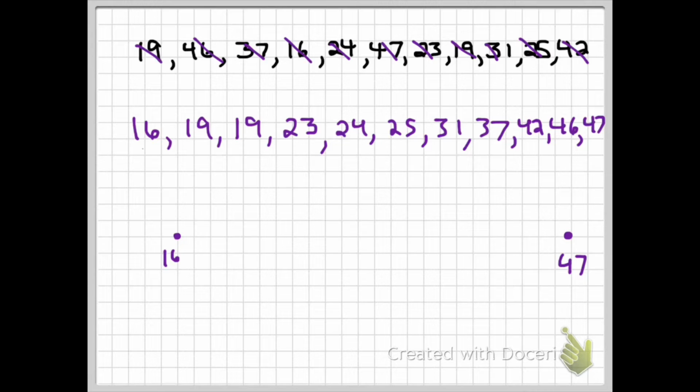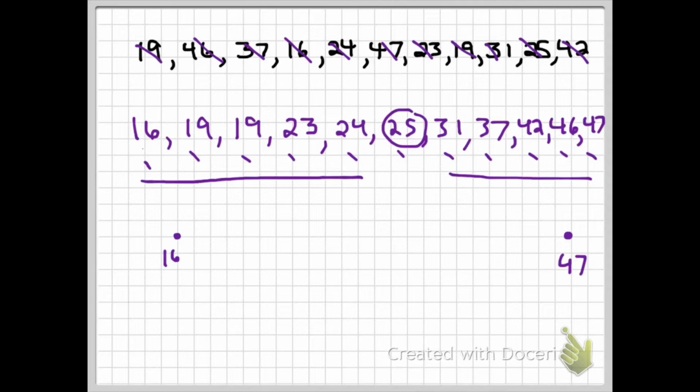We have 1, 2, 3, 4, 5, 6, 7, 8, 9, 10, 11 numbers here. So in order to have the same amount of numbers on either side, we go to our sixth number, which in this case is our 25. We have 5 numbers on this side and 5 numbers on the other, which we do. So our middle number is 25.